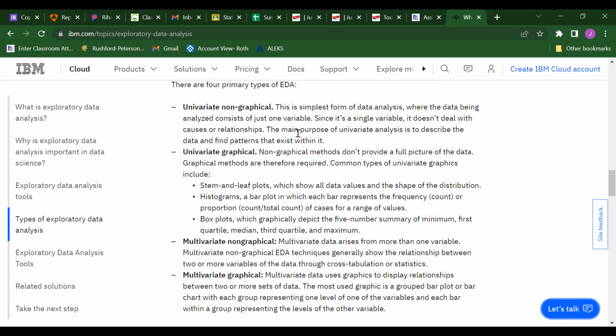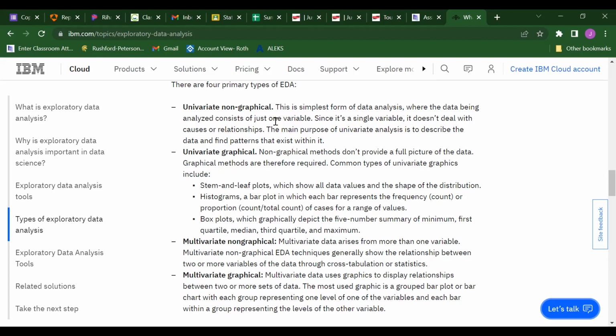So for example, maybe we're just looking at the weight of something. Well, the only variable is weight. We just measure different weights. Maybe we're talking about weights of pineapples, I think was an example we used a while ago. Well, we could study the weights of different pineapples that we're selling at the store. And that's the only variable. We can analyze the data and look for trends and patterns within that.